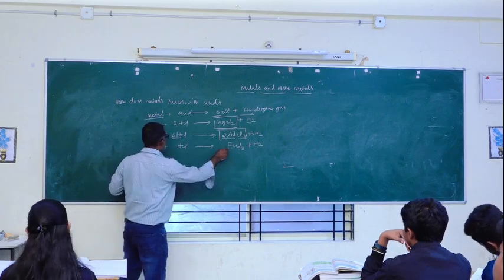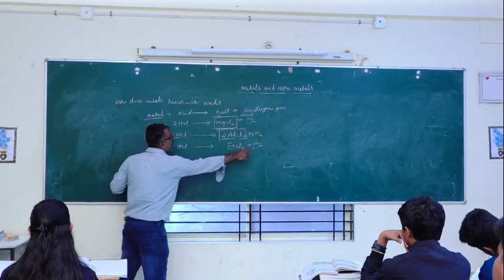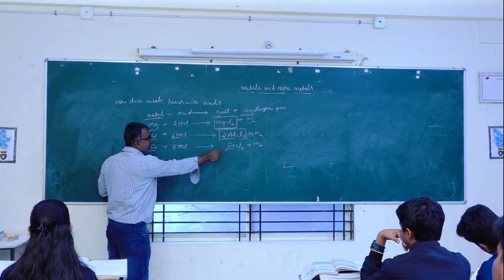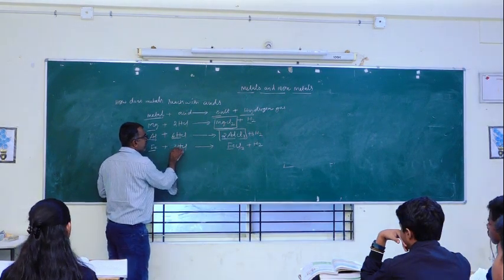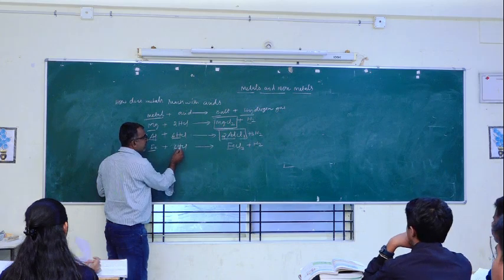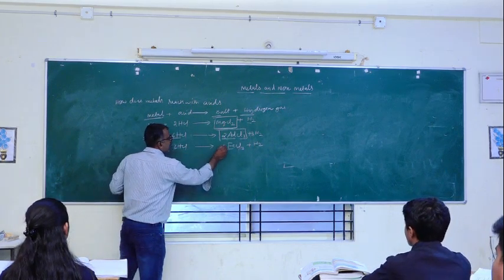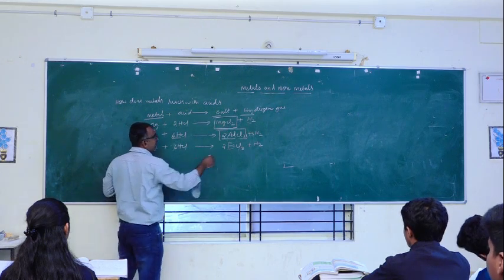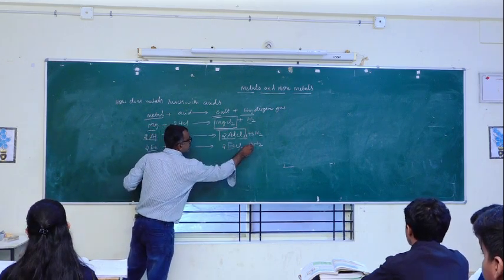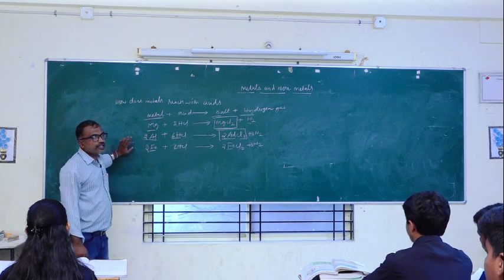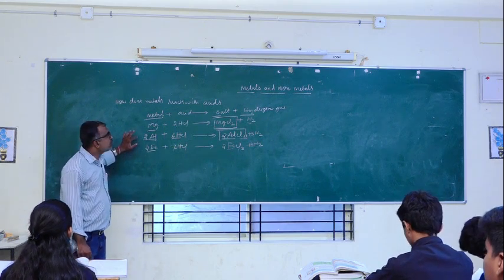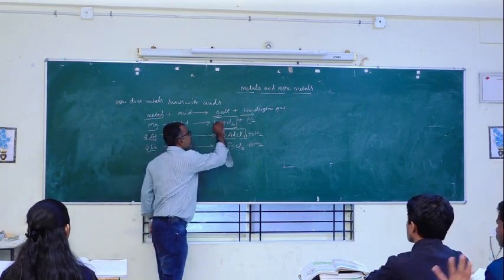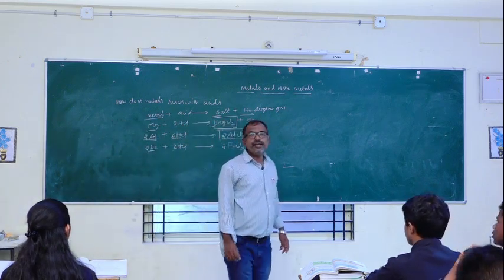Fe, H: here 2, here only 1, so I will make it 2, but Cl is 3, so for that I will put 6. Then Cl, 2 3s are 6, Fe 2, then H 3 H2. So this is another example. Most of the metals react with acid to produce salt and hydrogen gas.